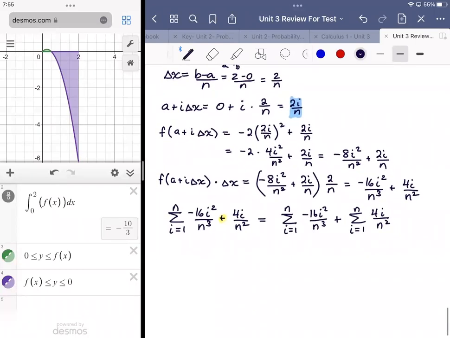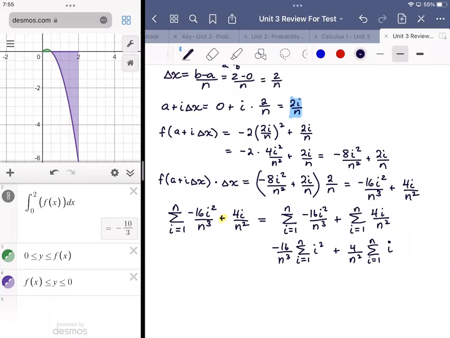Now, if it's a factor that doesn't have an i in it, it doesn't need to be part of the summation. So I can pull out the negative 16 over n cubed and just leave the sum of i squared. I could pull out the 4 over n squared and leave the sum of just i. All right.